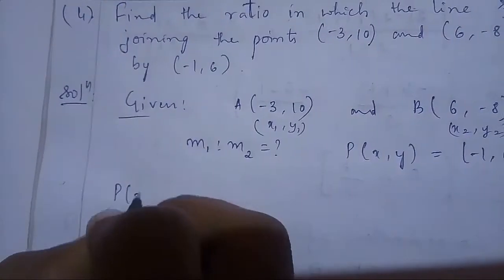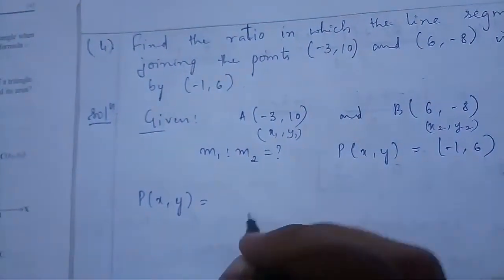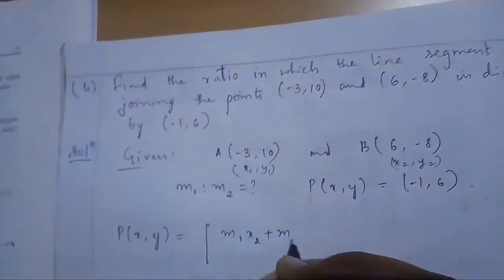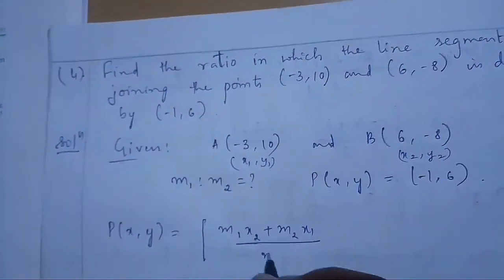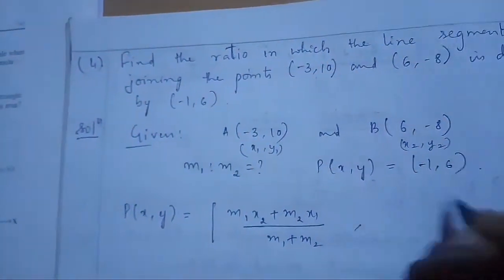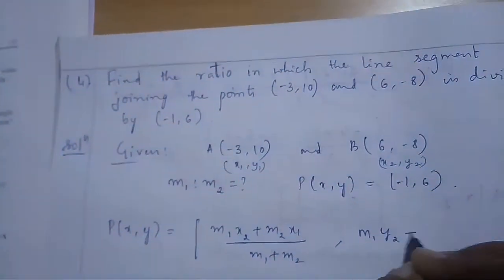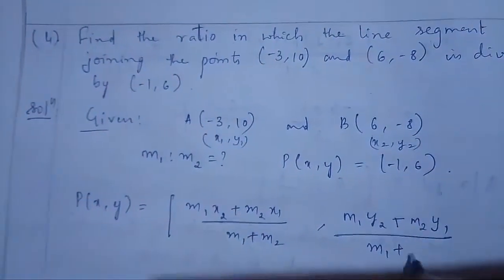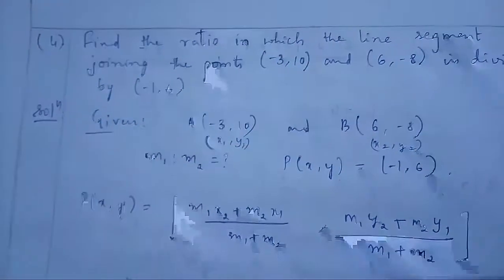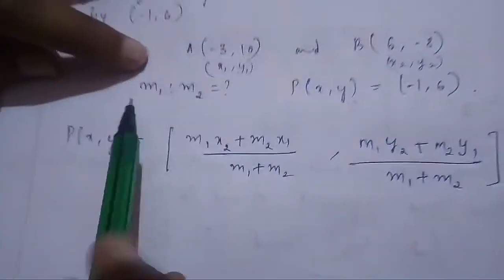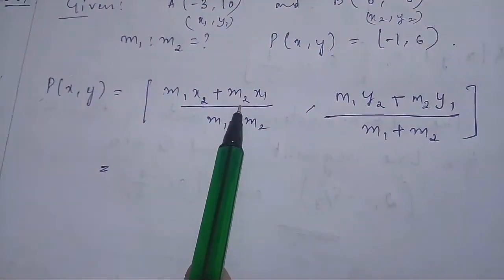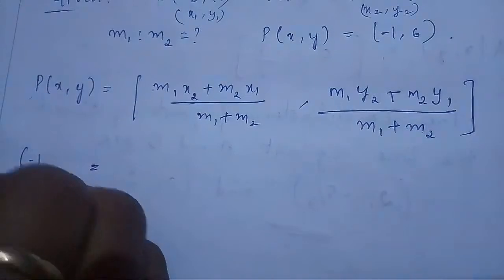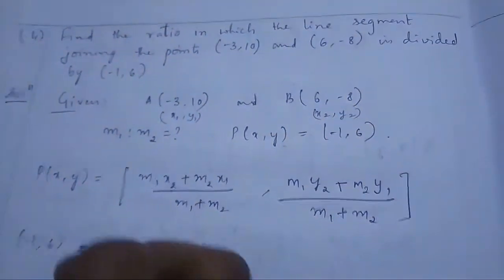Now we know the section formula: P of x, y is equal to (m1 x2 plus m2 x1) divided by (m1 plus m2), and (m1 y2 plus m2 y1) divided by (m1 plus m2). We don't know the value of m1 and m2; we need to find them. P of x, y is given, so I will write this point here.